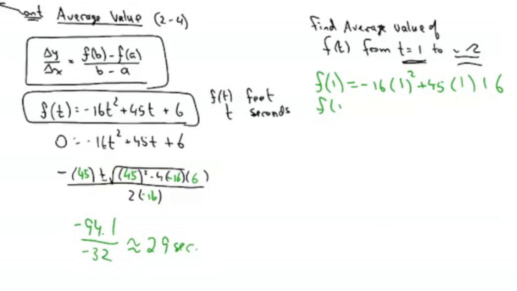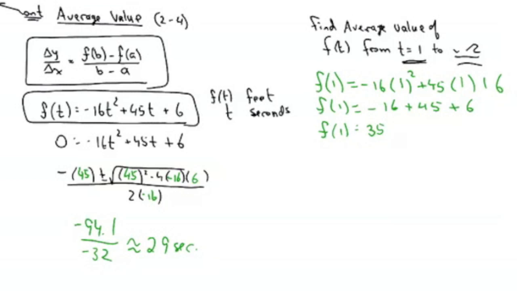So f of 1 is going to be negative 16 plus 45 plus 6. 35. Okay. So f of 1 is 35. So after 1 second of flight, 1 second of leaving the ground and going up into the air, this thing is 35 feet in the air.